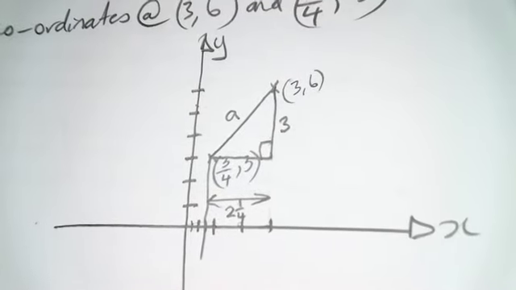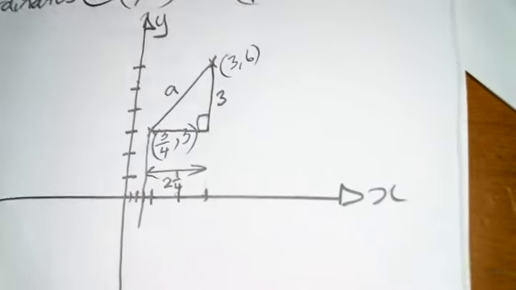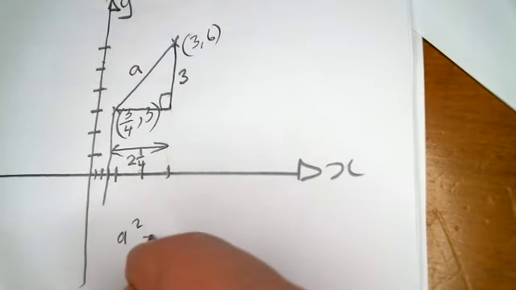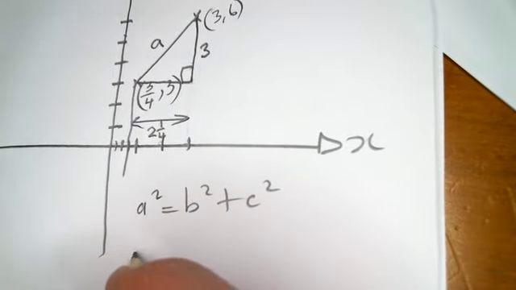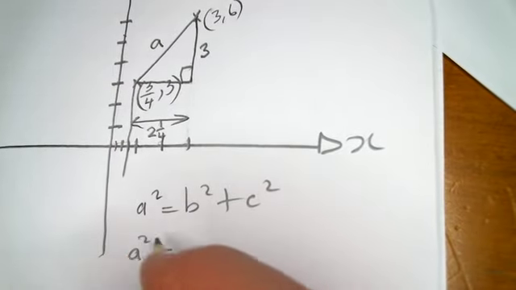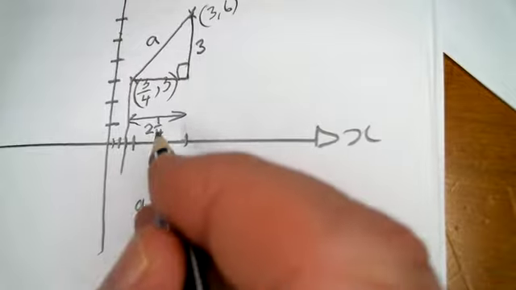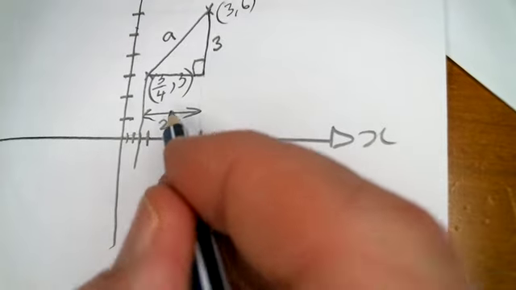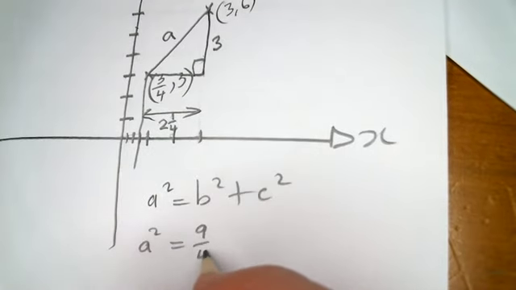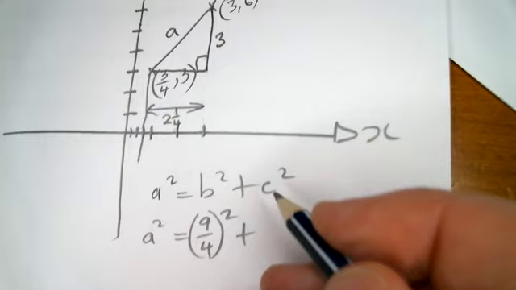So we can just use Pythag to do that. We can say, well, we know that a squared is equal to b squared plus c squared. So a squared equals b squared, 2 1/4 squared. So I'm just going to go 2 fours are 8 and 1 is 9. So I've got 9 on 4, squared, plus c squared.